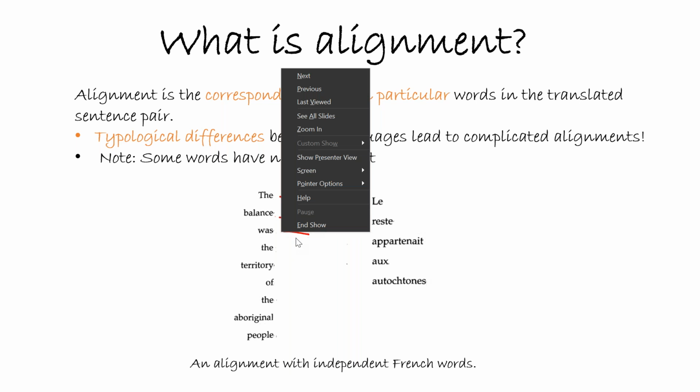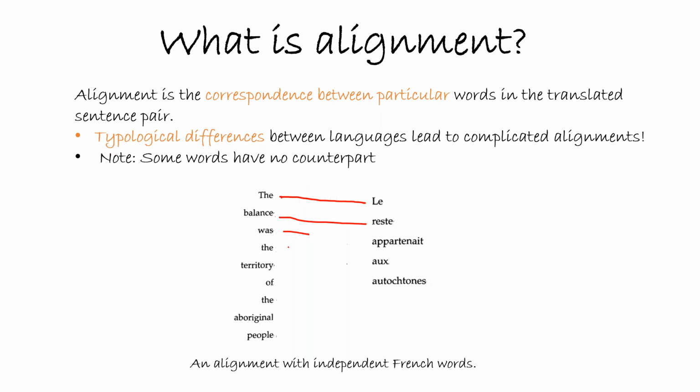For "was" it is "da," and "territory" is the same, and "of" and "the" will be this.